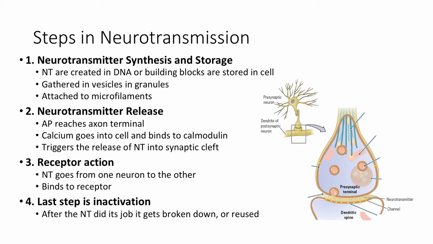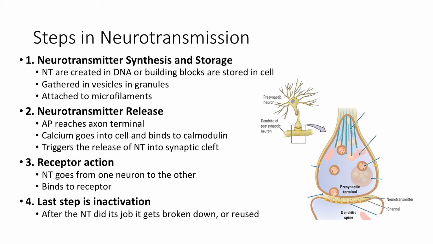Neurotransmitters are created in the cell's DNA, or the building blocks for these neurotransmitters are imported and stored in the cell. Neurotransmitters are then gathered in the synaptic vesicles, and those can also be collected in storage granules. Here you see in pink these neurotransmitters, here you see the vesicles, and here you see these storage granules.